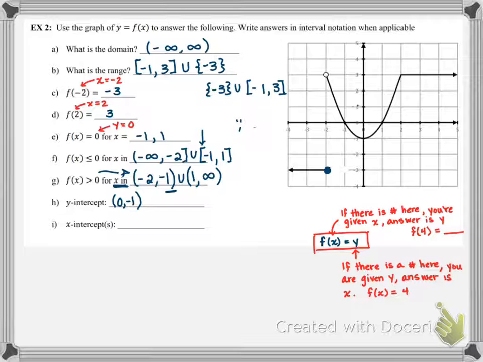What are my x-intercepts? -1, 0, good, and 1, 0, perfect. And that's something you can do also as far as these two, which are probably the most challenging of all of these: if you can find your x-intercepts, then all the places where your y value is below or above will be in between your x-intercepts.